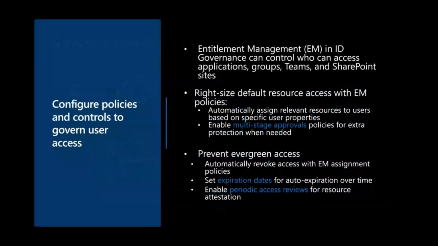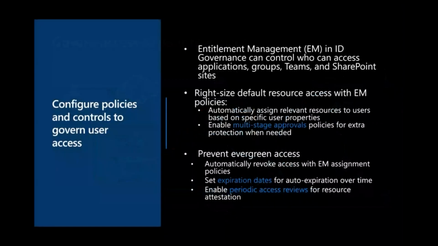Also, we want to make sure that we prevent evergreen access. Like I said, we don't want access to be lingering for a long time. So again, entitlement management, along with that access package assignment, has a policy that will automatically revoke access when the user properties that the package was depending on no longer exist.